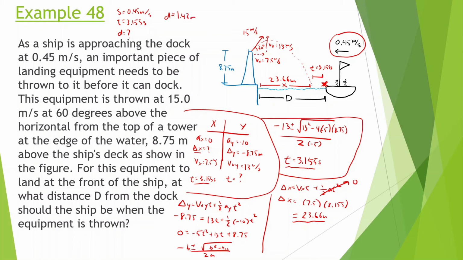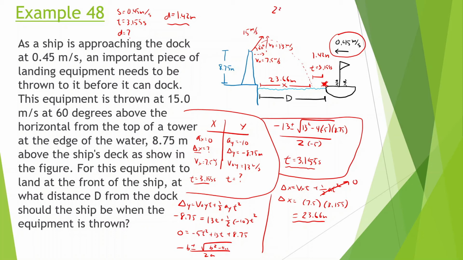So hopefully that made sense, but while this package is being thrown, this boat is going to be moving 1.42 meters. So as soon as the package gets thrown, it moves 1.42 meters because time is passing. So it needs to be 23.66 meters away plus 1.42.